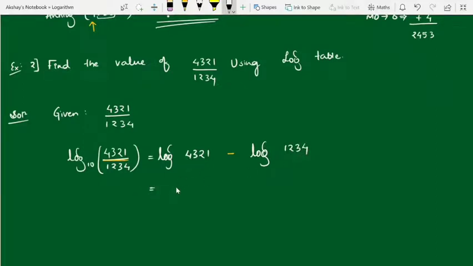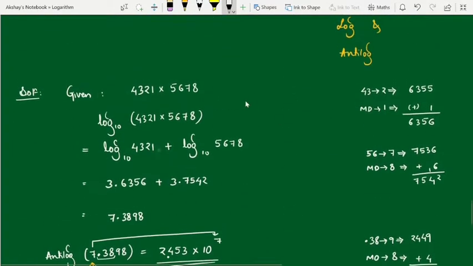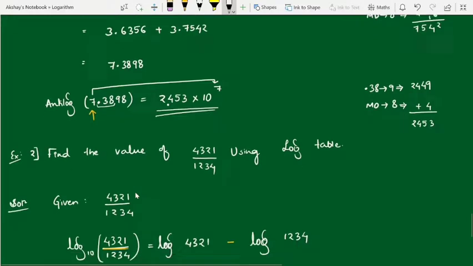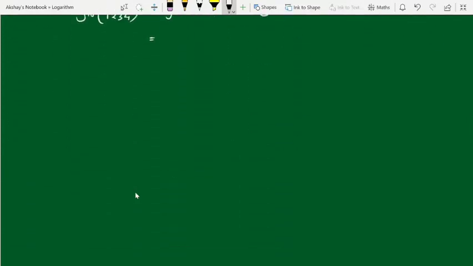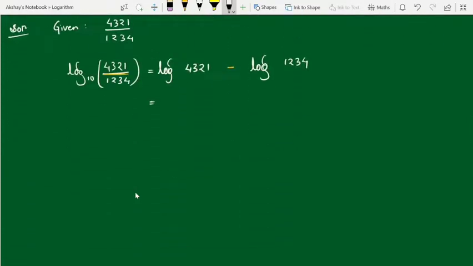Just check what is log of 4321. Characteristic. I hope here we got the same number, right? Earlier, we have seen log of 4321. The value we got is 3.6356. Same procedure. So how much did I get there? 3.6356.